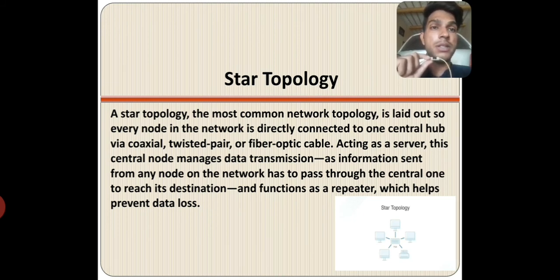Acting as a server, this central node manages data transmission as information sent from any node on the network has to pass through the central one to reach its destination, and functions as a repeater which helps prevent data loss.